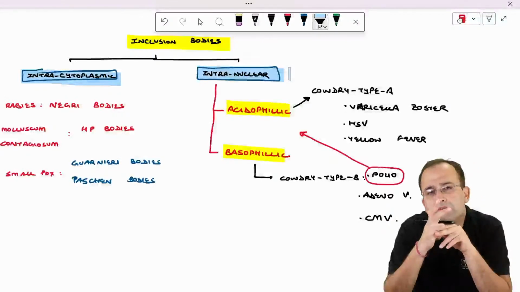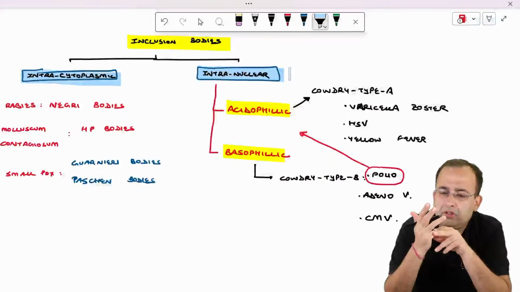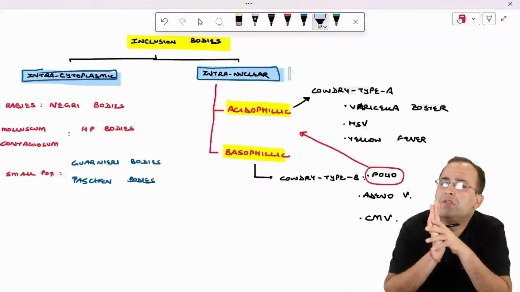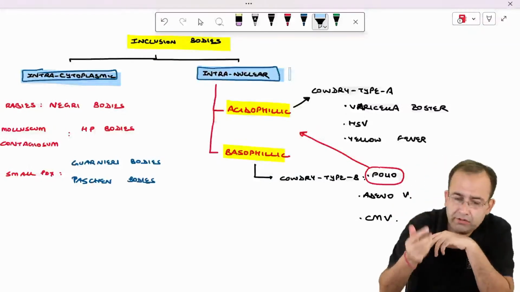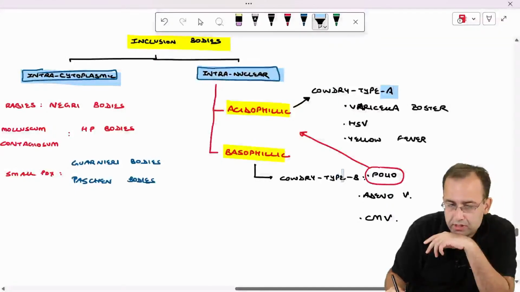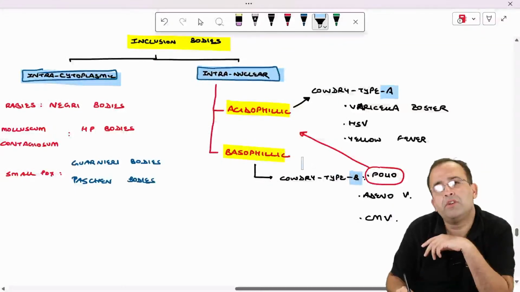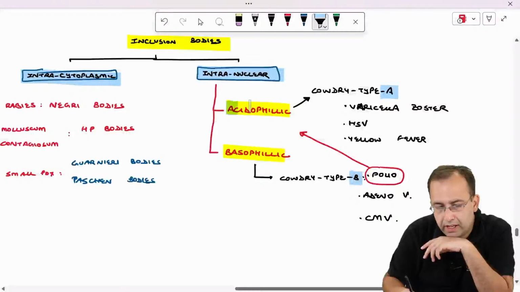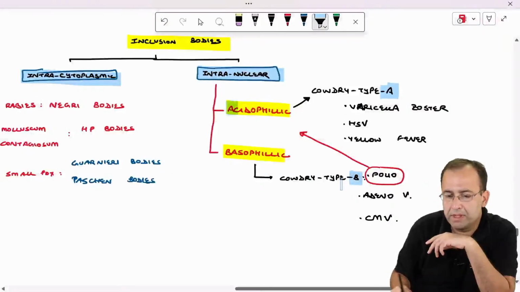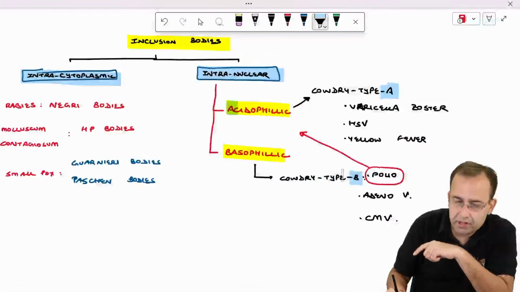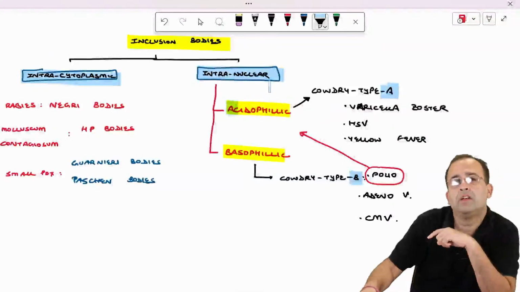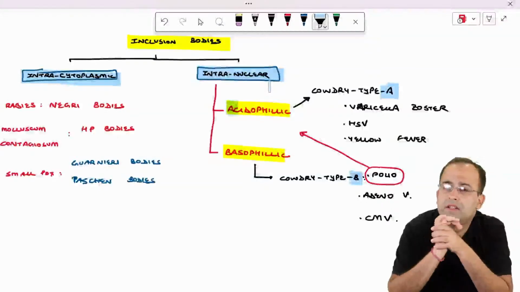Molluscum contagiosum, Henderson-Patterson, HP bodies. Smallpox, Guarnieri bodies and Paschen bodies. Intranuclear: acidophilic or Cowdry type A versus basophilic. B for basophilic, Cowdry type B. A is acidophilic, B is basophilic. Only exception to this rule is polio, which is Cowdry type B, but it is an acidophilic body.